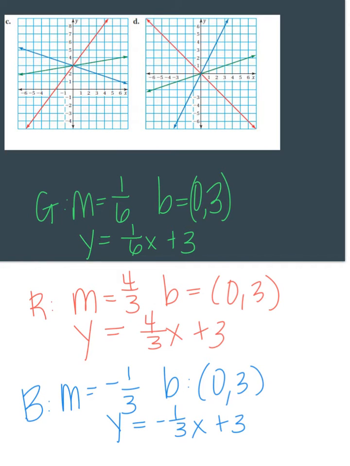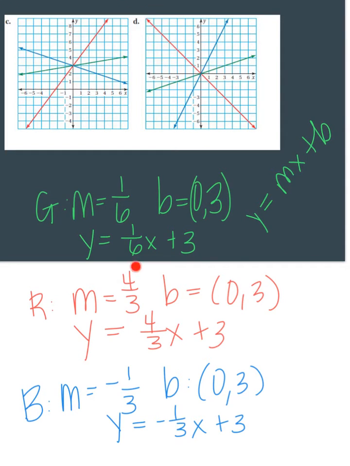For green, or the one right here, I have a slope of 1/6 and a y-intercept of (0, 3). So the equation is y equals 1/6 x plus 3. Again, just plugging all of this into y equals mx plus b.